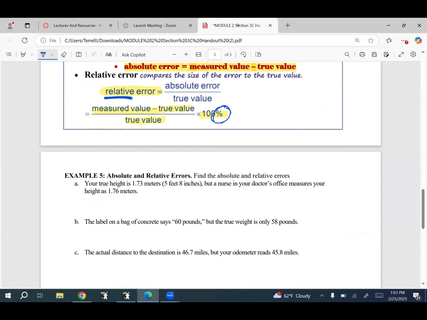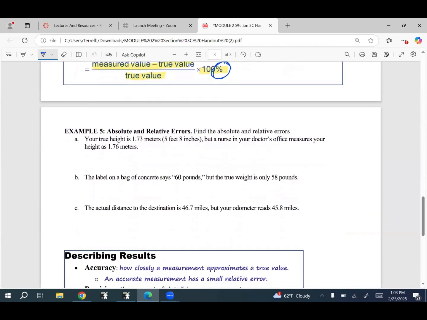So let's look at a few examples of that. It says, find the absolute and relative errors. Your true height is 1.73 meters. And then I give it in feet and inches, but you don't need that. And a nurse in your doctor's office measures your height as 1.76 meters. So we want to find the absolute and the relative error. Let's start with absolute error.